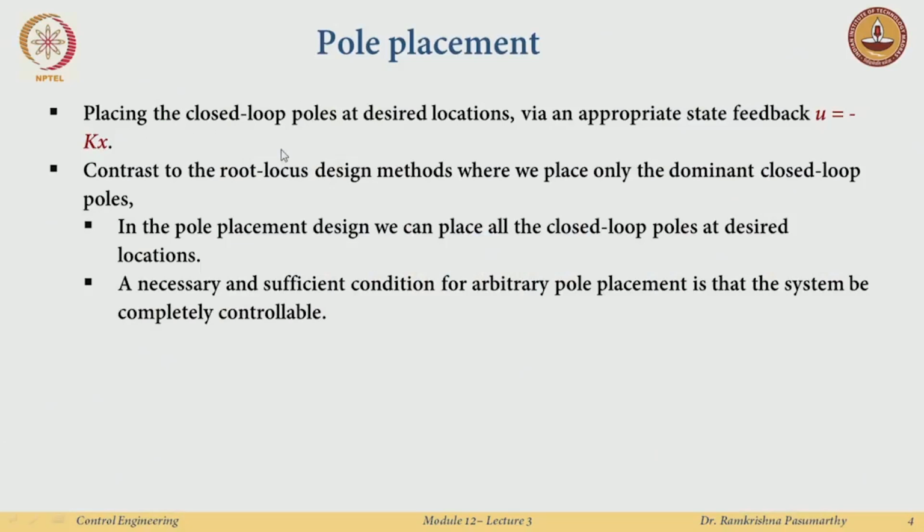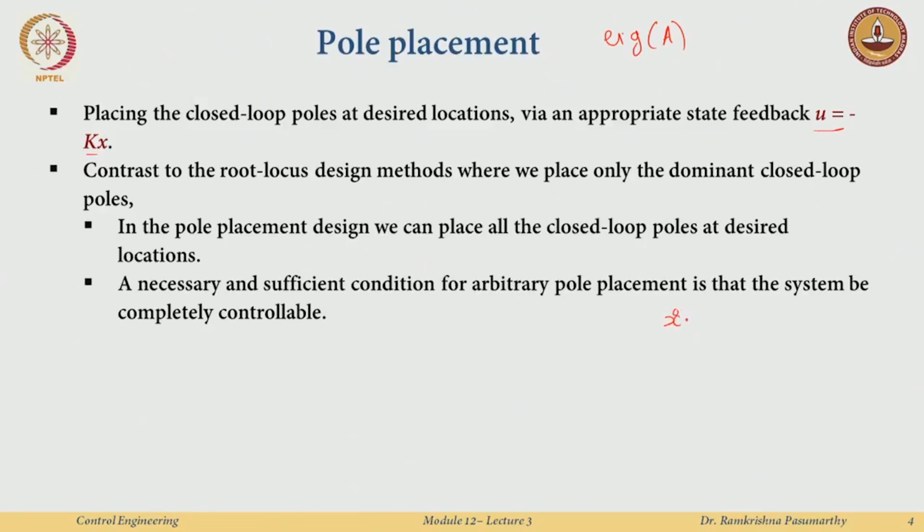So here also I can ask appropriate questions, right? So pole placement here means placing the closed loop poles. The poles were also the eigenvalues of the system matrix A. So can I, by choice of an appropriate controller u equal to minus kx, place all the eigenvalues? So what does this mean?